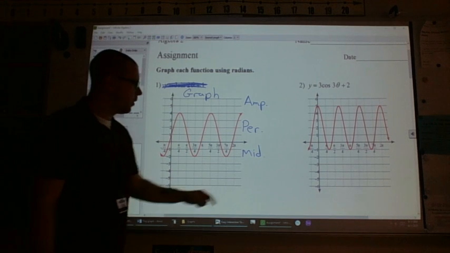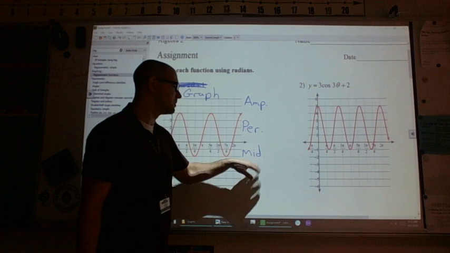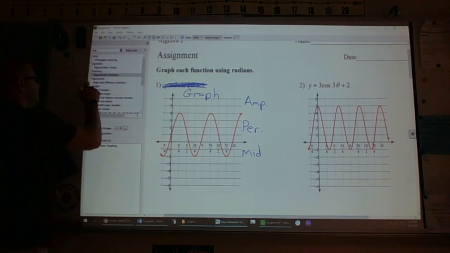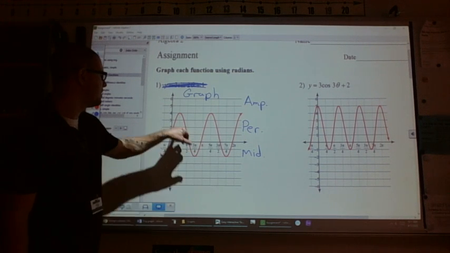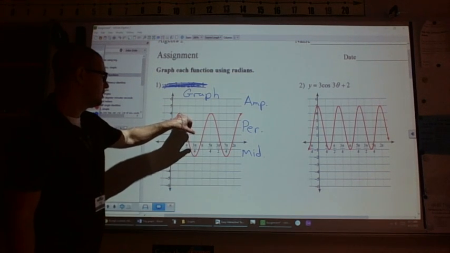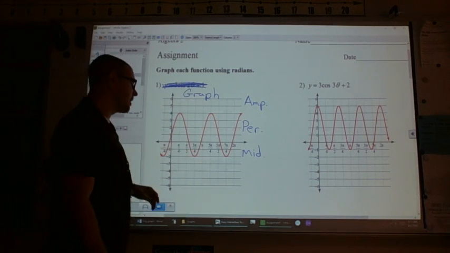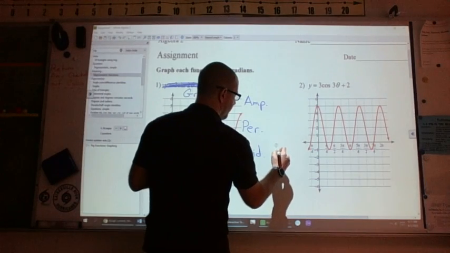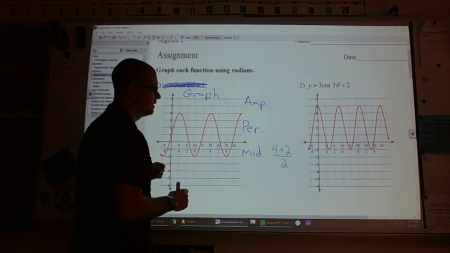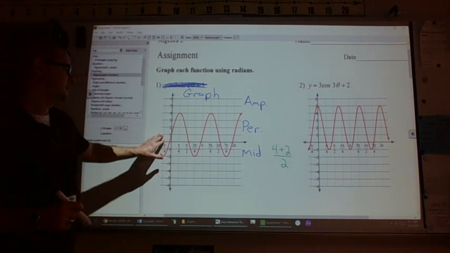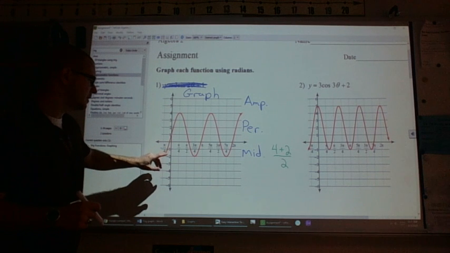First thing I've got to do is figure out what is the midline, because the amplitude is based off the midline. I could do the period too, but I'm going to find the midline. The midline of this curve, well, there's this at -2 is the bottom and 4 is the top. So I just need to find the middle of that, top plus bottom divided in half. So 4 plus 2 is 6, divided by 2 would be 3, which does not tell me the midline.